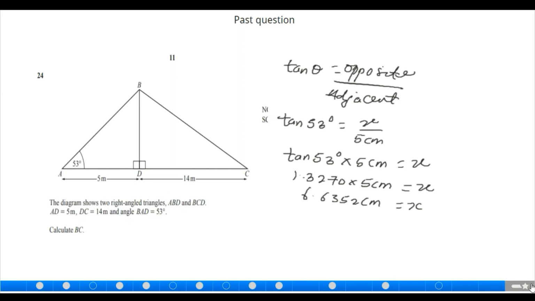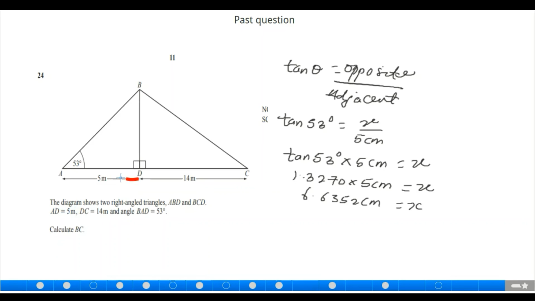If you look at this, we have a triangle here, but inside this triangle we have divided it into 2 different right angle triangles. The diagram shows that we have triangle ABD and triangle BCD that is divided, so we have right angle triangles ABD and BCD.